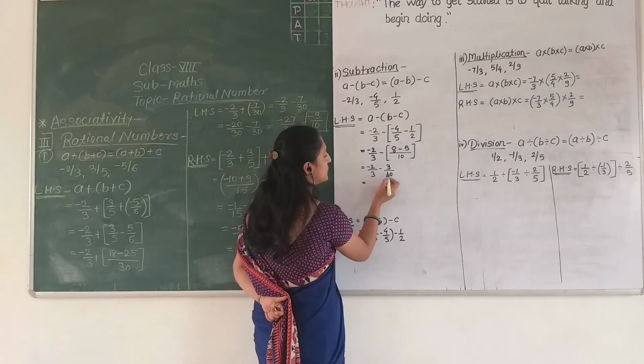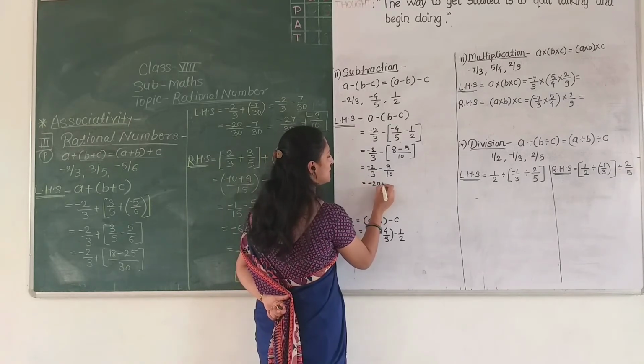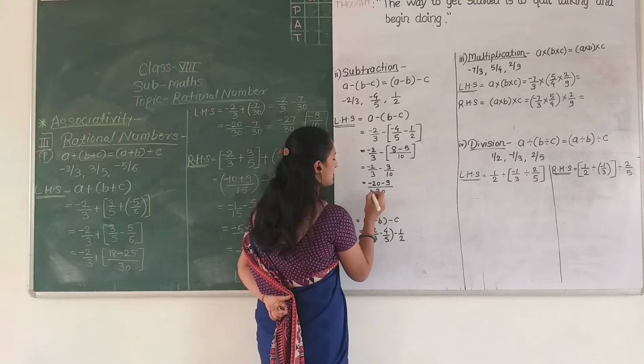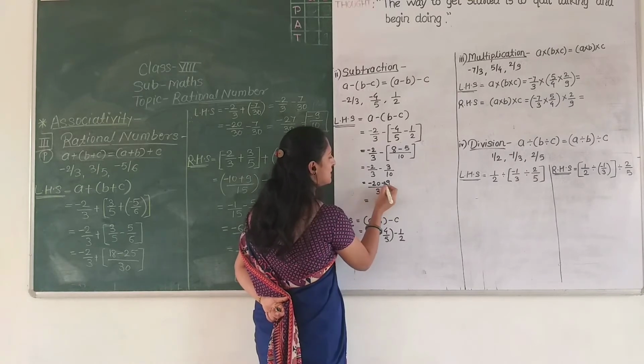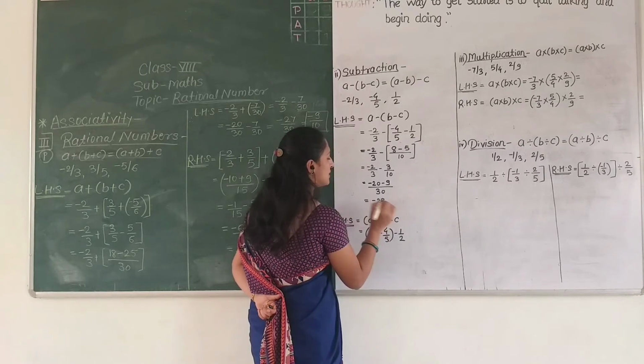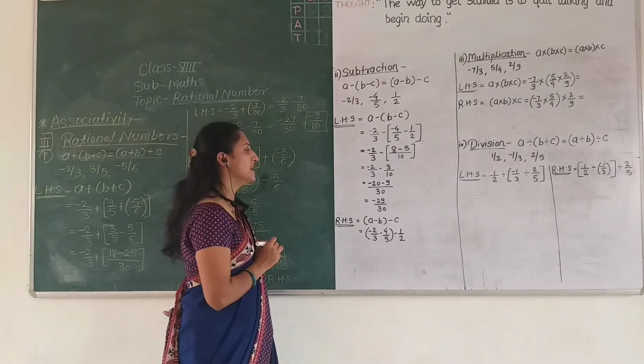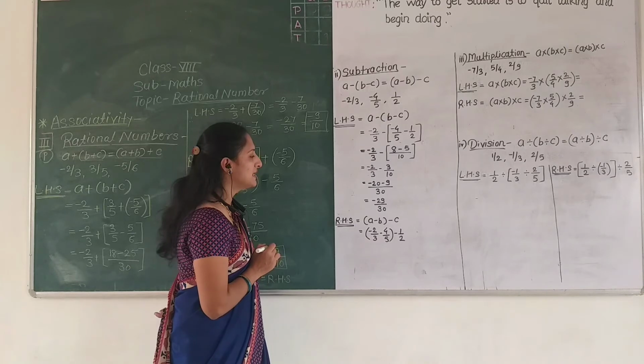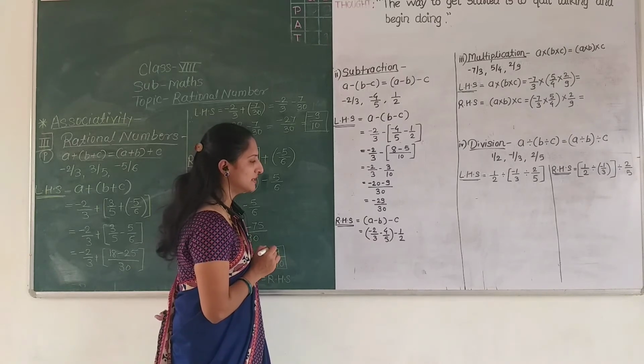So negative 2 into 10 is negative 20, minus 3 into 3 is 9, upon 3 into 10 is 30. So my answer is negative 20 minus 9, which is negative 29 upon 30. So in LHS we get the answer negative 29 upon 30.